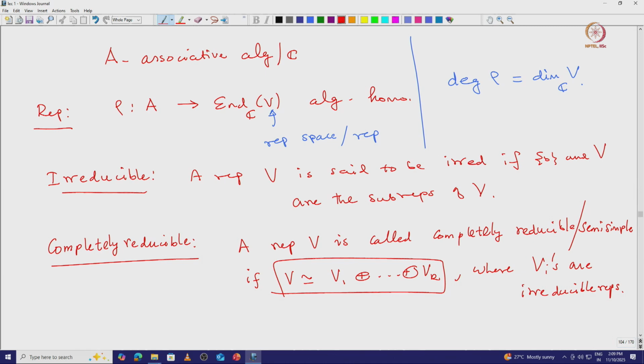If we know that a given representation is completely reducible, then we can focus on what irreducible subrepresentations it has and how to decompose it into a direct sum of these. We will show in this course that the category of finite dimensional representations of a finite group is semi-simple. That means each finite dimensional representation of a finite group must be completely reducible. This is something I will prove later.